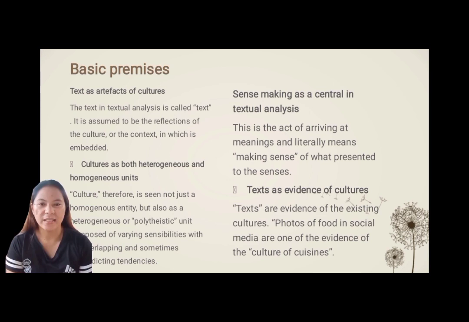Texts are evidence of the existing cultures. For example, in social media or any platform, photos of food are one of the evidences of the culture of cuisine. So in just one picture, you can identify the culture of one country, food culture.